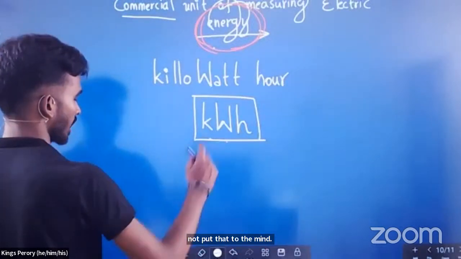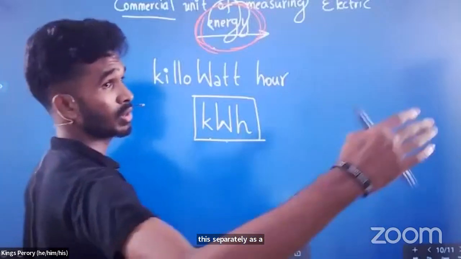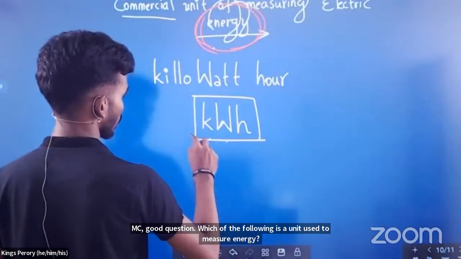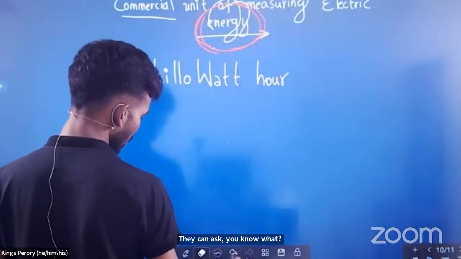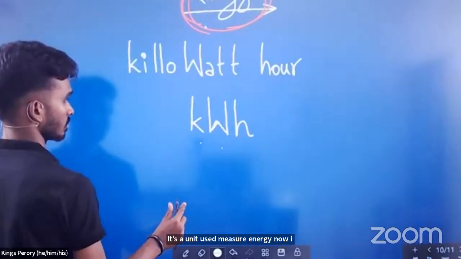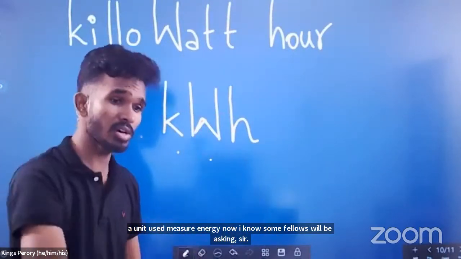They can ask this separately as an MCQ question. Which of the following is a unit used to measure energy? Kilowatt hour, it's a unit used to measure energy. Now I know some of you will be asking, sir, kilowatt is power.